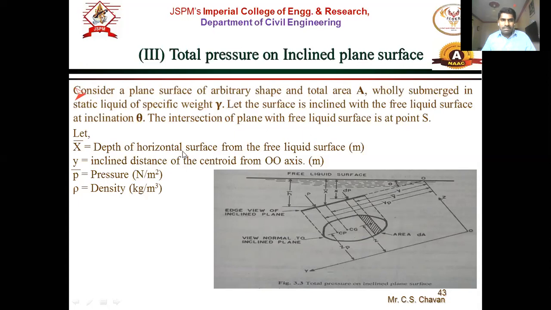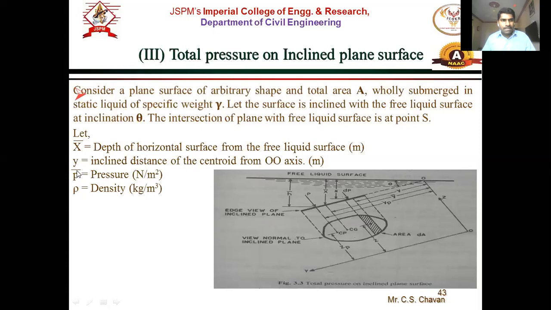Let x bar be the depth of the surface from the free liquid. Now here slightly it is written as horizontal, but here it is an inclined surface. Make it an inclined surface. y is the inclined distance. So this is the inclined distance y bar of the centroid from the OO axis.